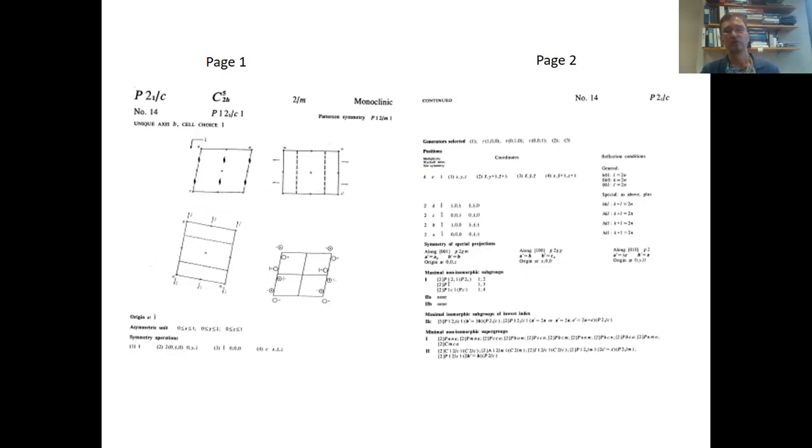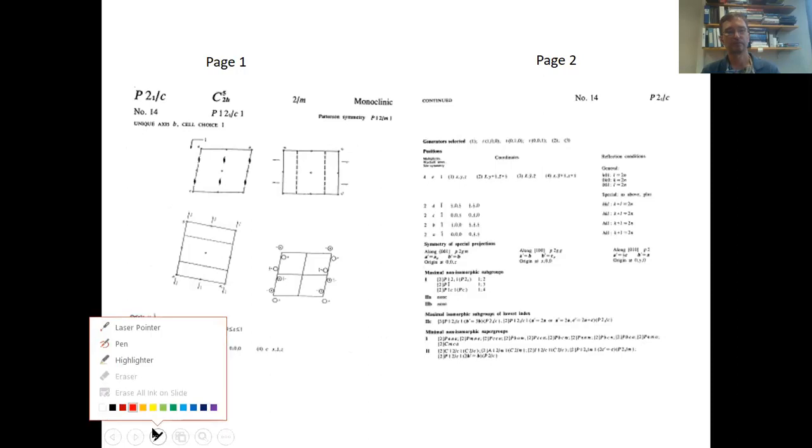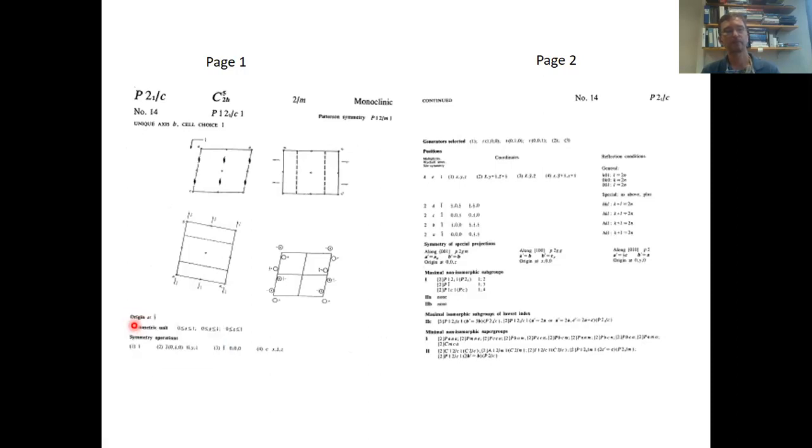So for instance, this one here, which is called P21 over C, is the space group number 14. So you see here the 2 pages in the International Tables for the particular space group.